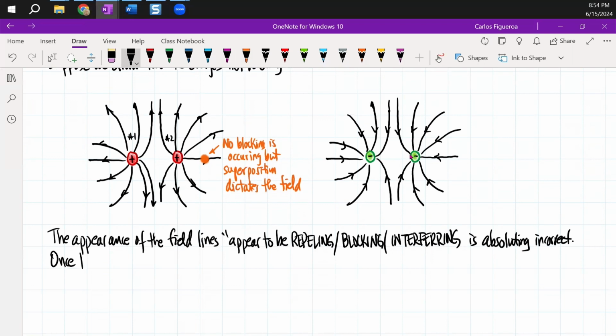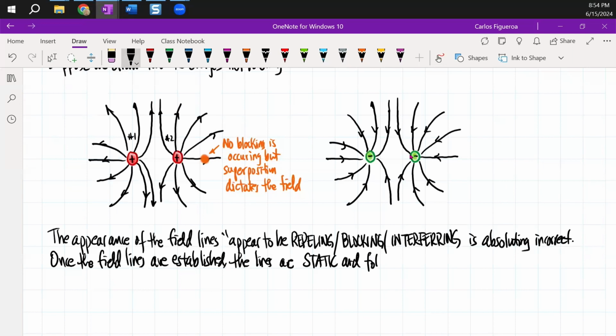Once the field lines are established, the lines are static and follow superposition.